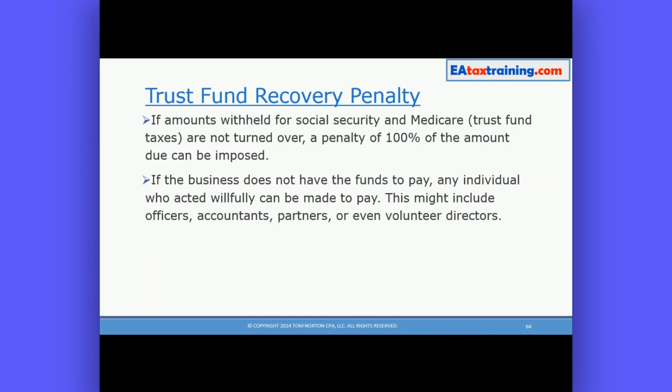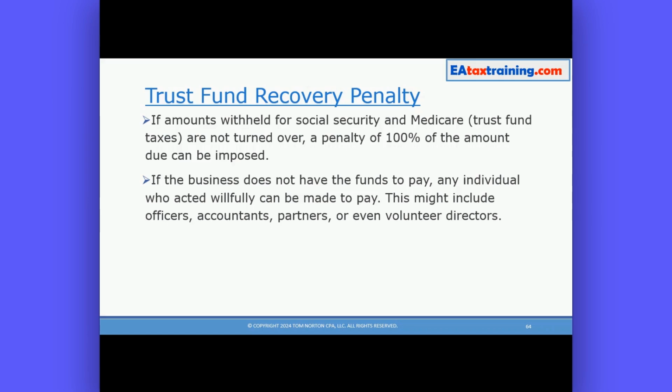If you watch the news, you will see fairly regularly, unfortunately, some business owner who withholds all this money from their employees, and then they go out and spend the money and never turn it over to the IRS. And the ones that you're seeing in the news are the people who are getting caught, and they typically are going to prison. So people go to prison for this. And in addition to that, the money has to be paid by someone.